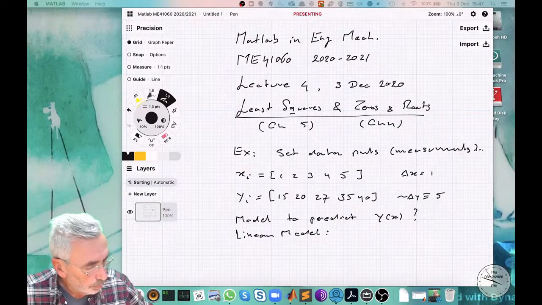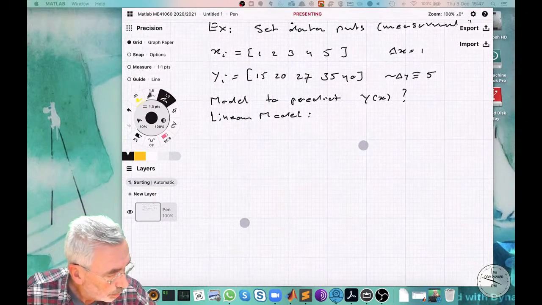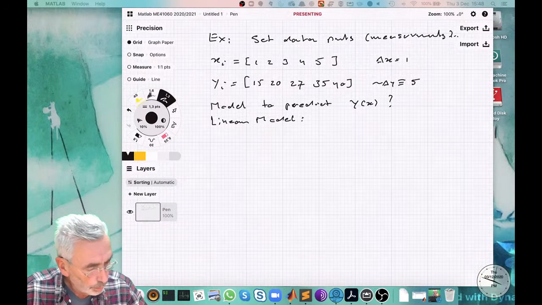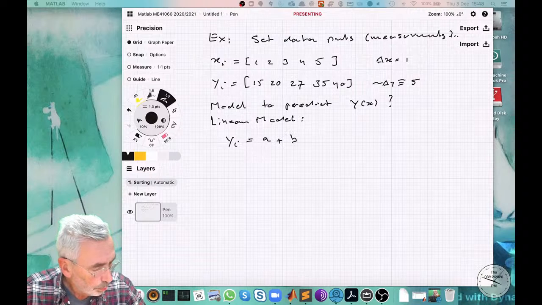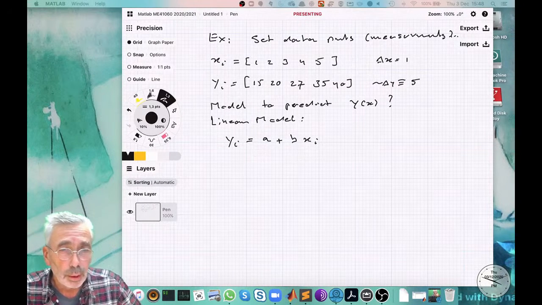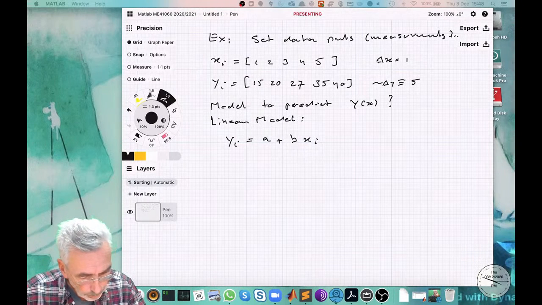What would be a linear model? In this case, it would have the following form. We say the output is some constant plus some value times the input. So y is a plus b times x, a general parametric form of a straight line.